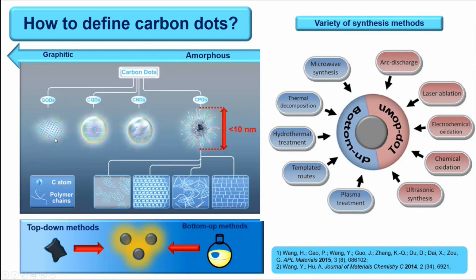We can have highly organized graphitic-like structures composed mostly of graphene, or carbon nanodots, where we have just patches of carbons interconnected with each other, or completely amorphous carbon polymer dots, where the chains of polymer carbons are structured within a small-sized, bulky material.